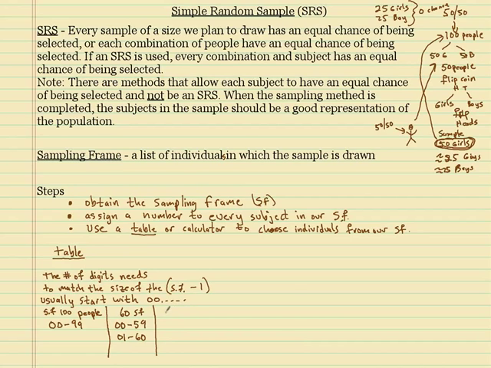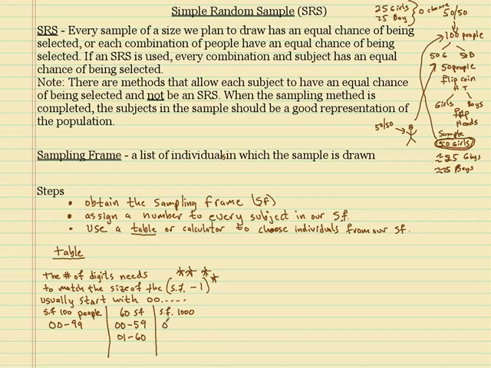Okay, let's say there are 1,000 people in my sampling frame. Now I want to go one less than my sampling frame. This is kind of an asterisk. You just have to practice and see how to do it. There's two methods to do this, and you'll see which one would be easier.